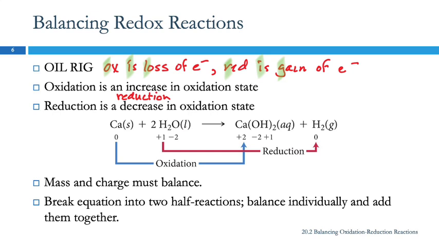So we do the half reaction method. We're going to break that redox reaction into two half reactions. We'll balance each of them individually and then add them back together. This seems like an awful lot of work, but it actually is the simplest way to balance complicated redox reactions.